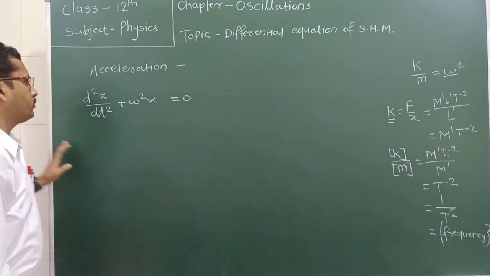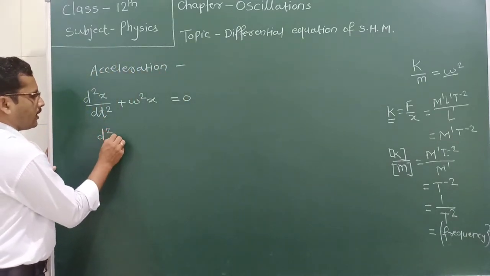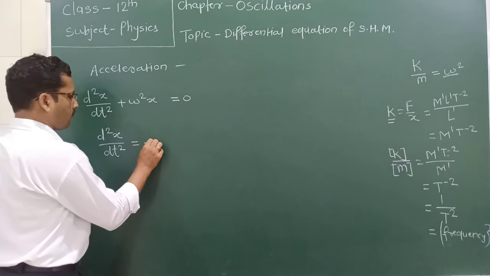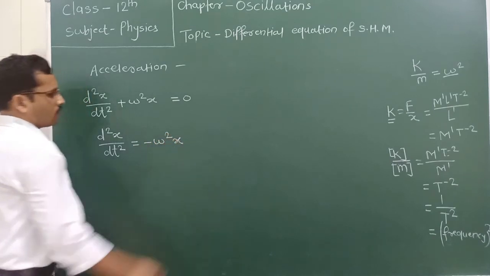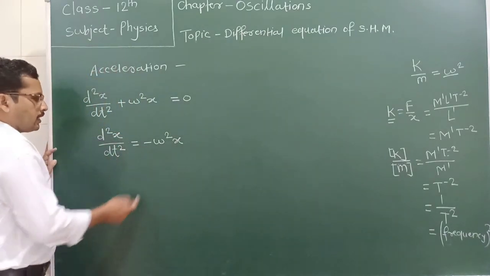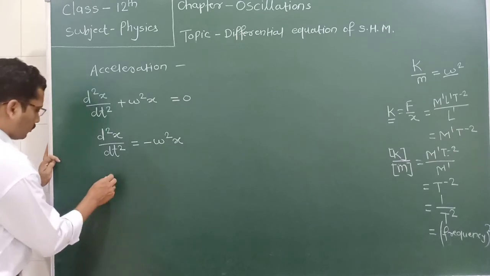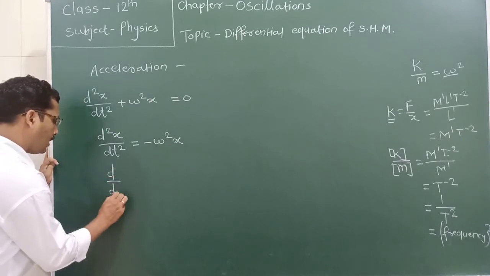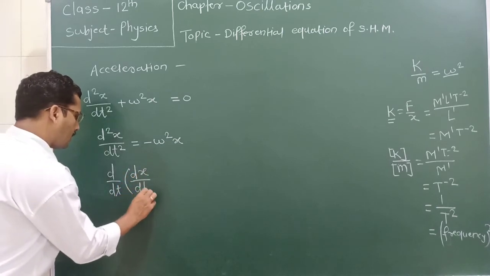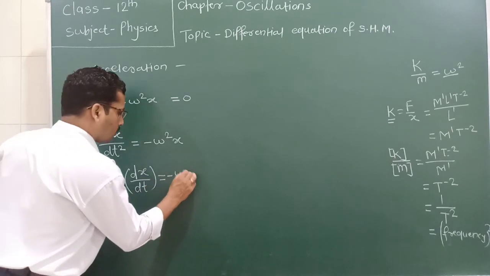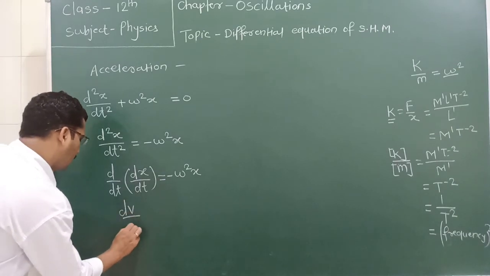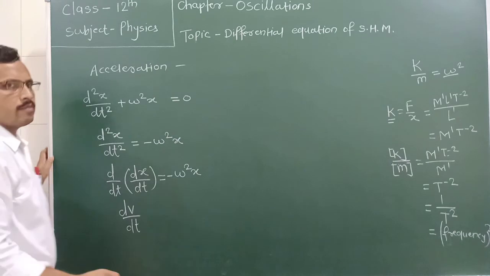So what we can write? We can write d2x by dt square is equal to minus omega square into x. But what is d2x by dt square? We can write d by dt of dx by dt is equal to minus omega square into x, or dv by dt, because dx by dt is nothing but the velocity.